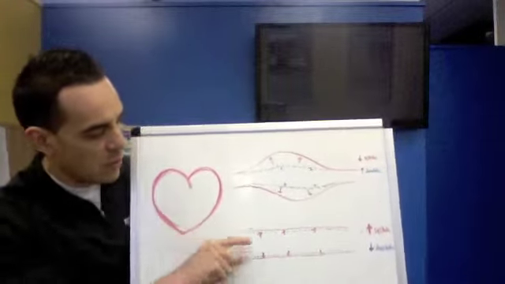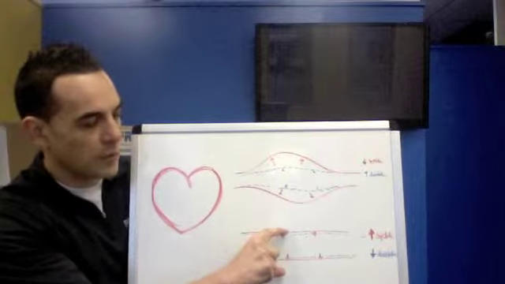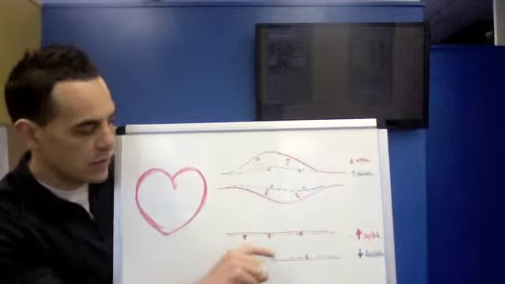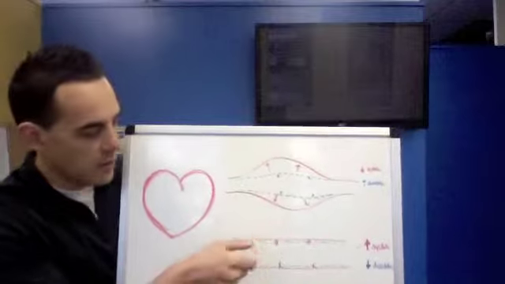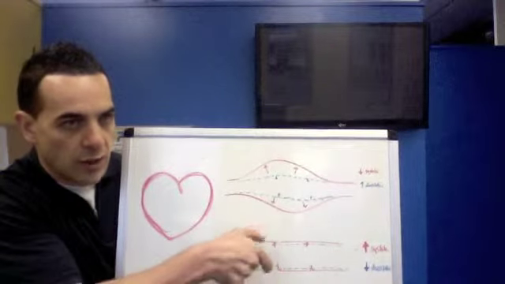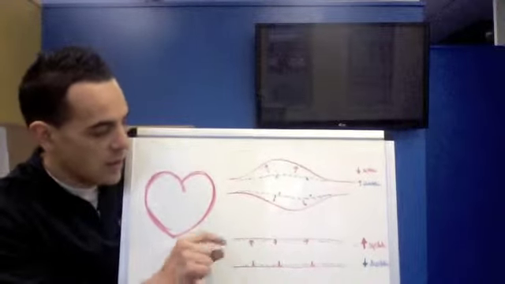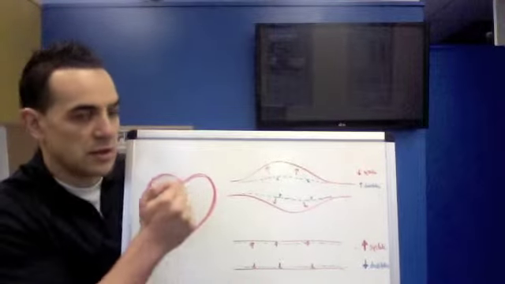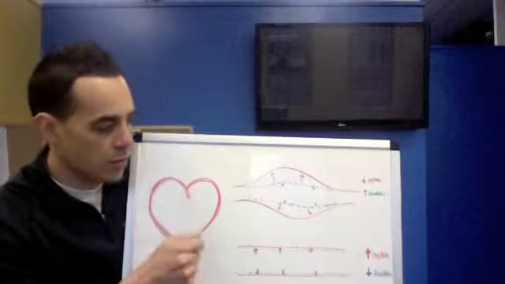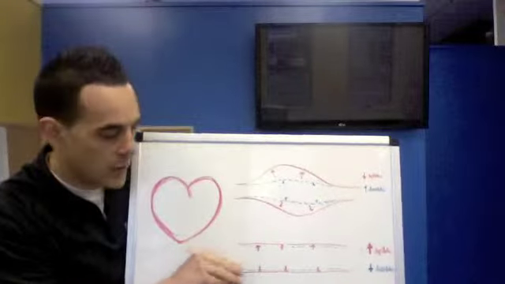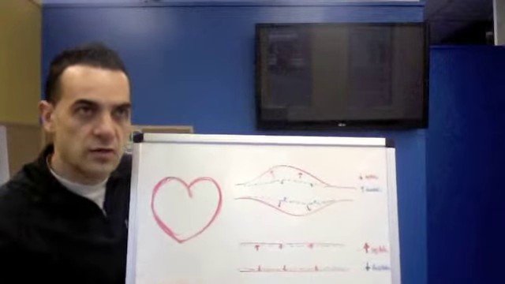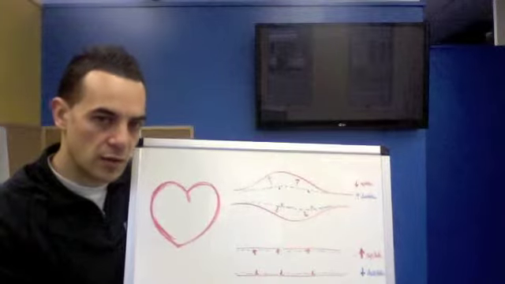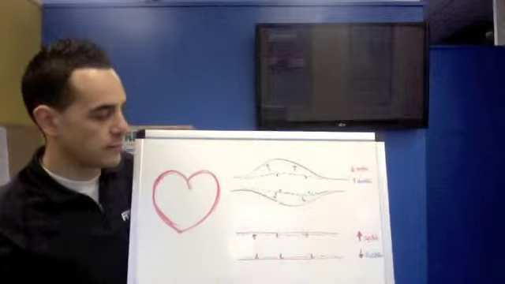Imagine the heart trying to pump through this kind of artery wall. There's hardly any give, so you're not going to get that opening up, which means the number at the top, when the heart is pumping, is going to be higher than normal. So that's why here it was 153 instead of 120.